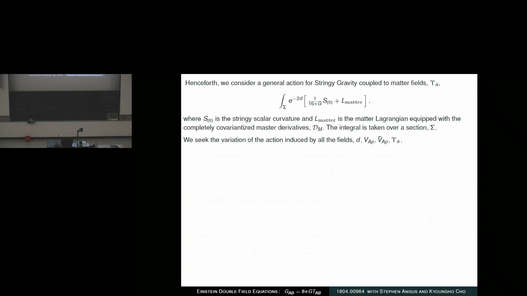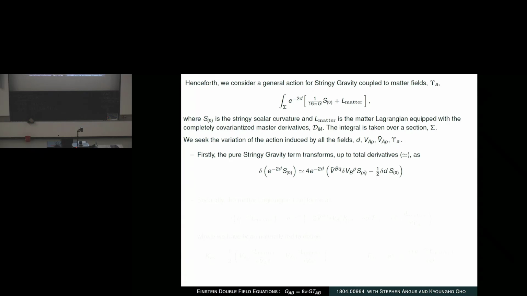So let me consider a generic action for string gravity coupled to matter field epsilon, where the S0 is this scalar curvature and the matter Lagrangian is equipped with our completely covariantized master derivative.